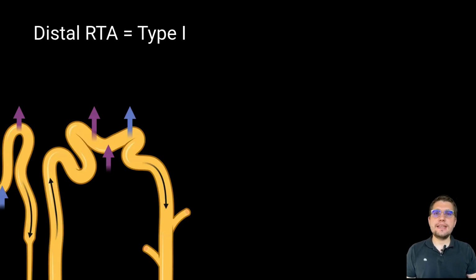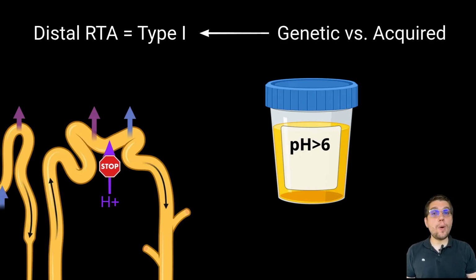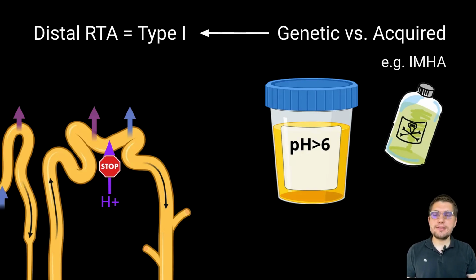In distal RTA, the kidneys fail to acidify urine effectively due to defects in hydrogen secretion in the distal nephron. As a result, despite metabolic acidosis, urine remains inappropriately alkaline, typically greater than 6. Distal RTA can be genetic or acquired from various conditions such as immune-mediated processes or toxin exposure.